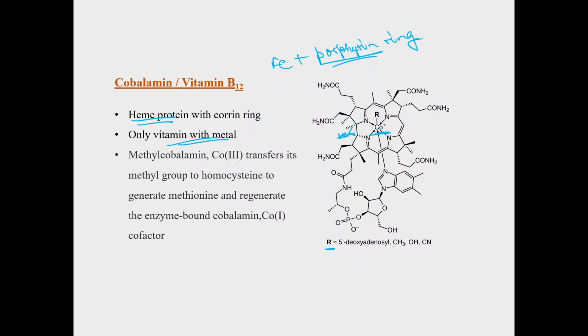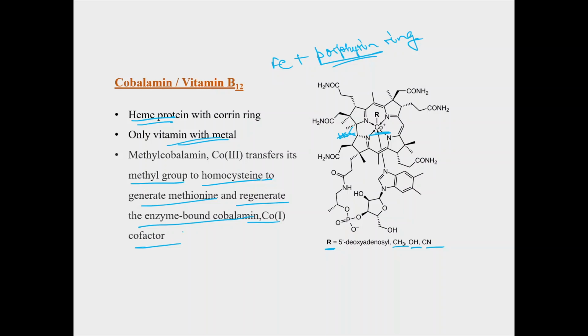If this R is a methyl group, then it will be methylcobalamin. This R group can also be OH or CN, and this cobalamin can transfer the methyl group to homocysteine to generate methionine and regenerate the enzyme bound cobalamin Co(I) cofactor back.